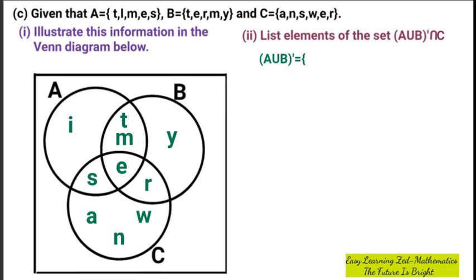So when you come to the Venn diagram, which elements are not found in the circles of A and B?